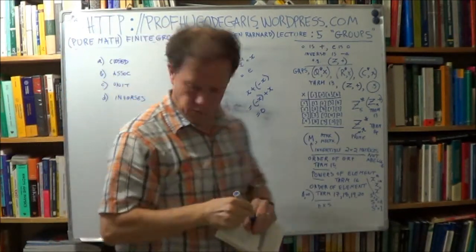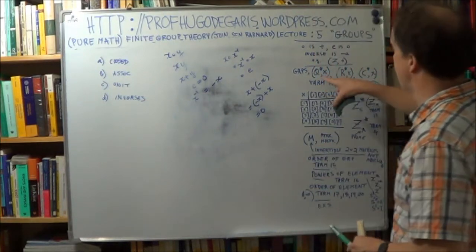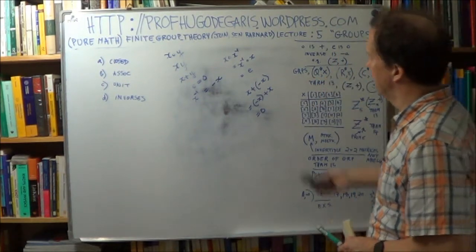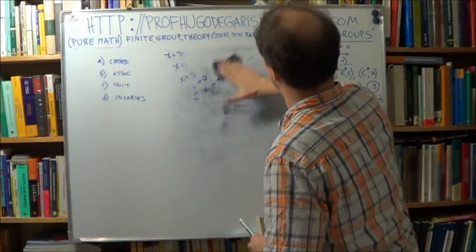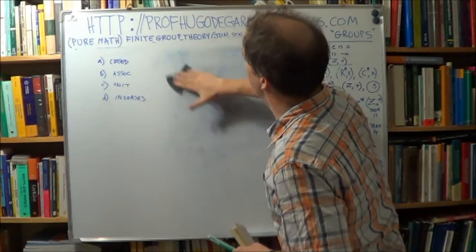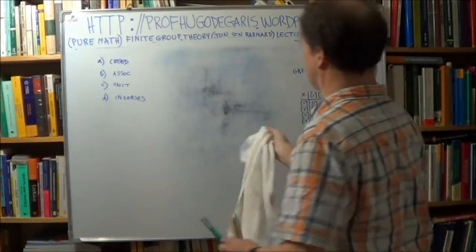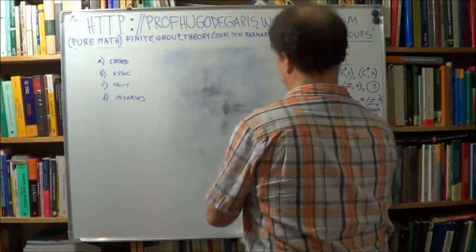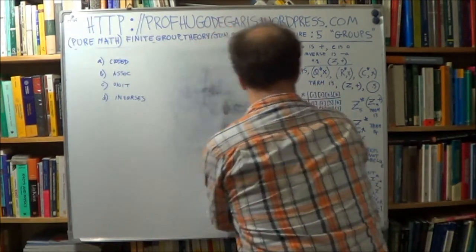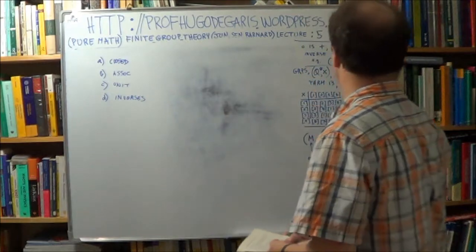Okay, so we're now trying to prove that this candidate, this set with this binary operator, is actually a group. So let's do that. Right. Is it closed?